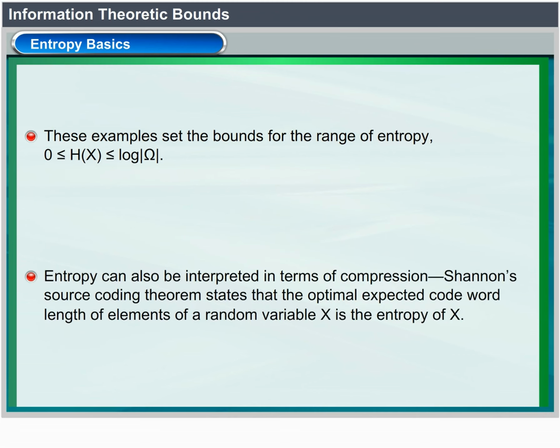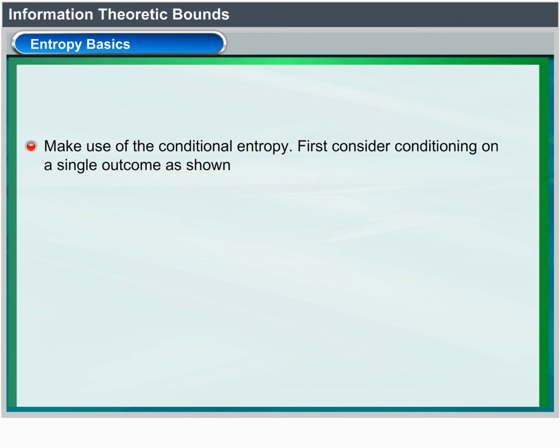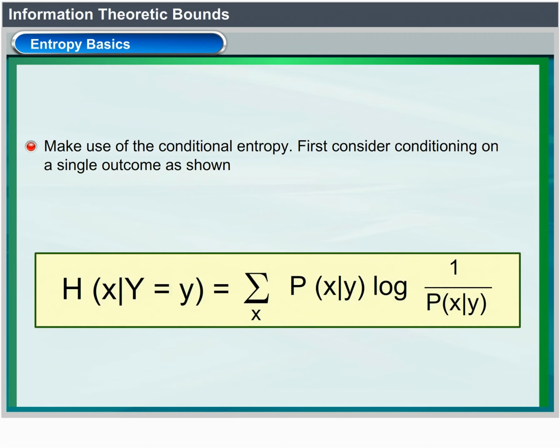Entropy can also be interpreted in terms of compression. Shannon's source coding theorem states that the optimal expected code word length of elements of a random variable x is the entropy of x. Now make use of the conditional entropy. First consider conditioning on a single outcome, as shown in the figure below.